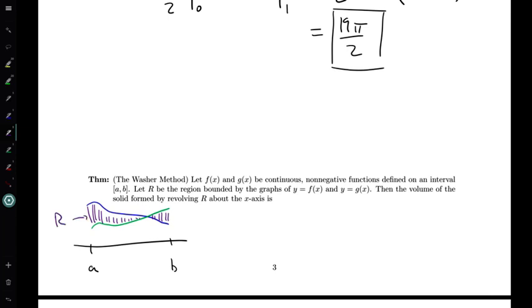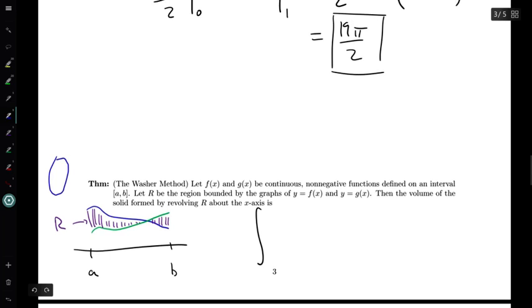What we want to do then is integrate. If we rotate R about the x-axis, we're going to get a solid whose cross sections are these washers. And sometimes these washers will have a blue outer radius and green inner radius.